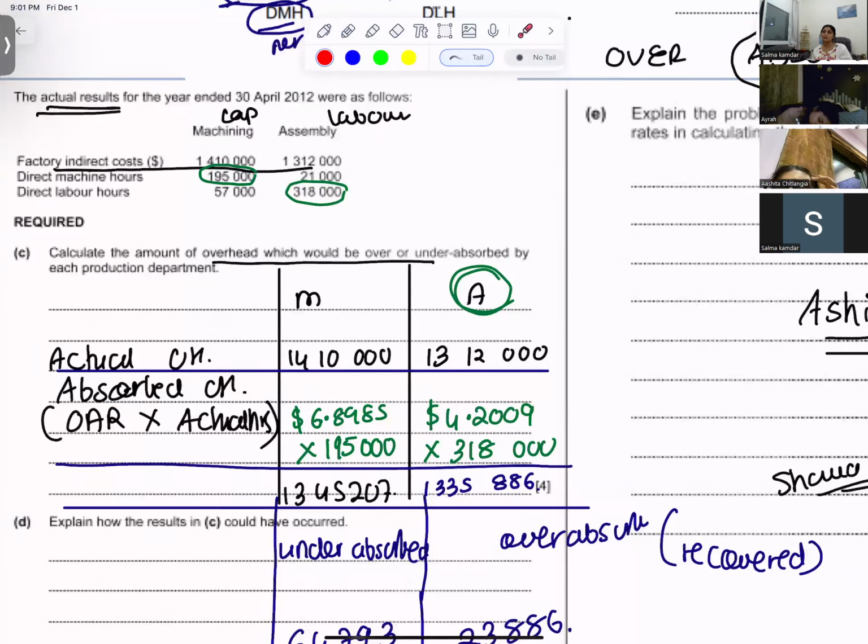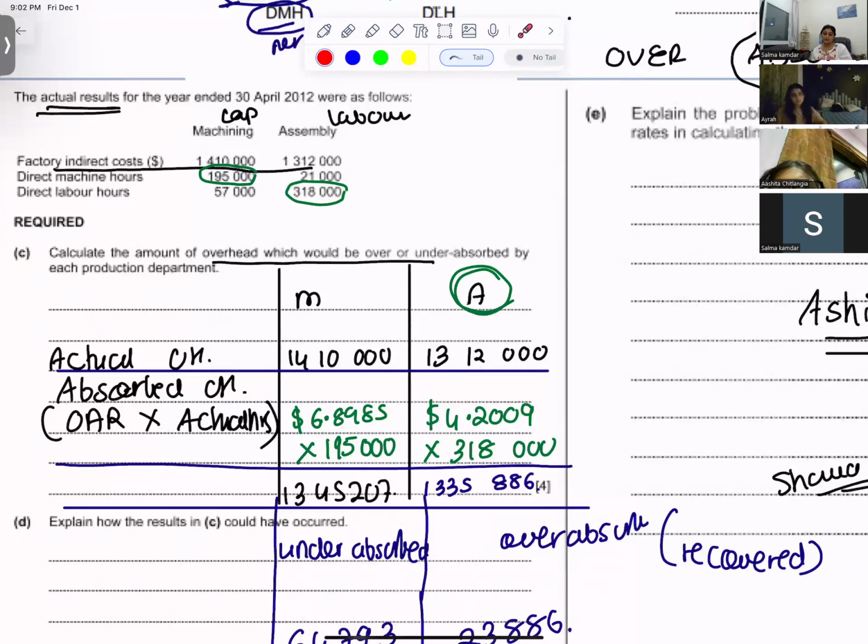How do you find absorbed overheads? You take the OAR, then multiply it by the number of working hours, the actual activity level. Activity level can be units also. You have to read the question properly.